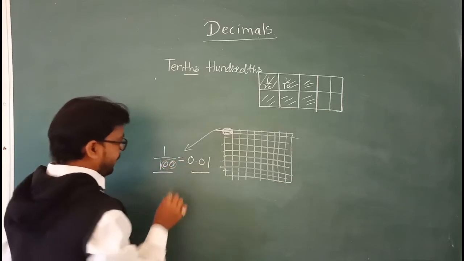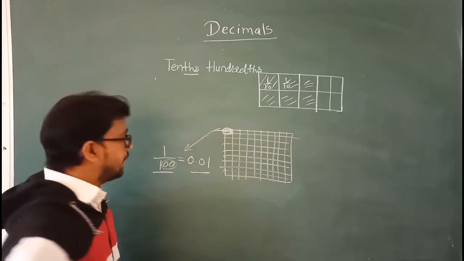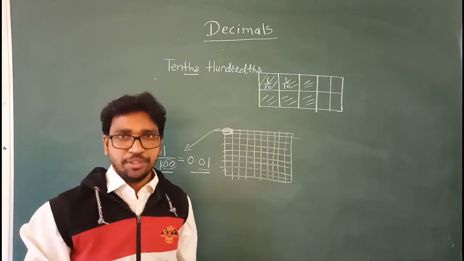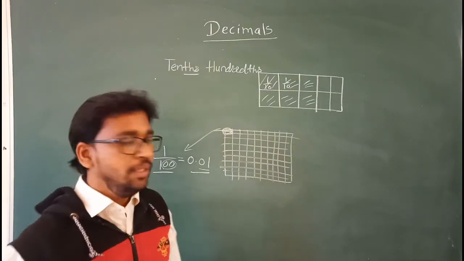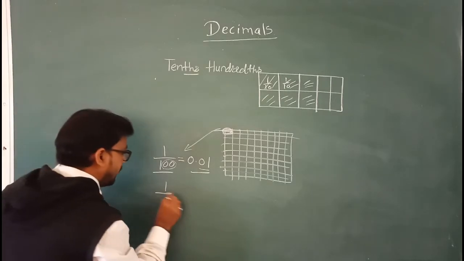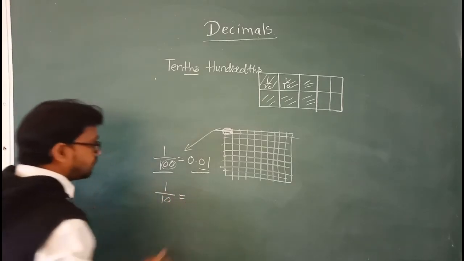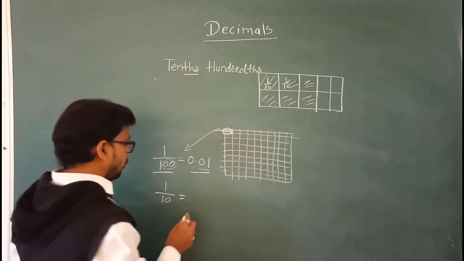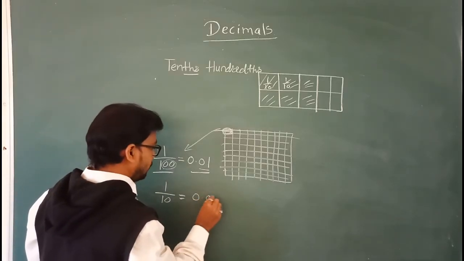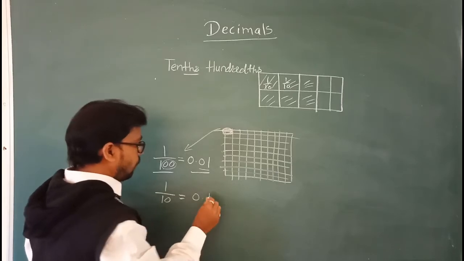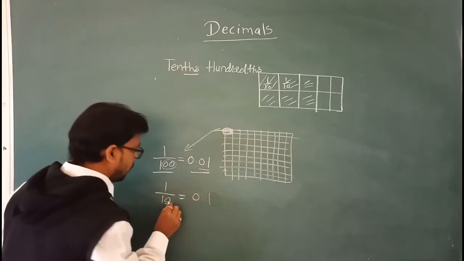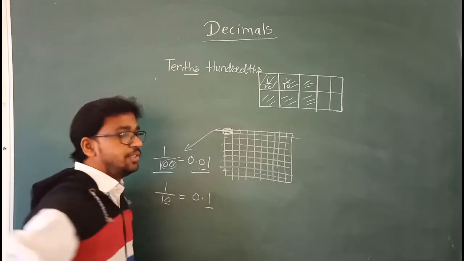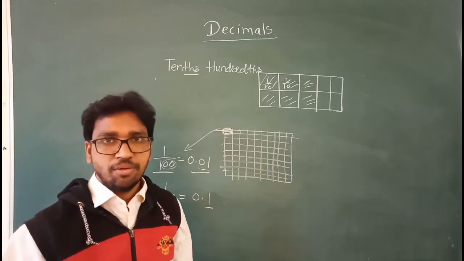Here in 100, there are 2 zeros. That's why we take 2 digits after the decimal point. If there is only one zero, suppose 1 by 10, tenth part, okay, so it is 0.1. Why? Because only one zero is there. That's why after the decimal point there is one place.